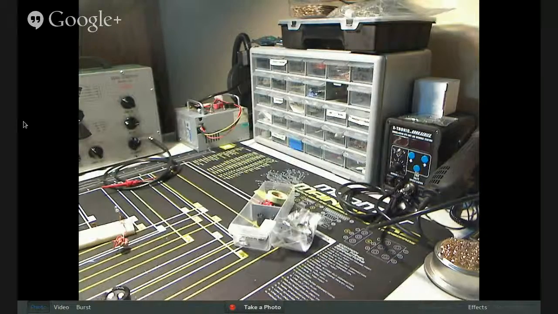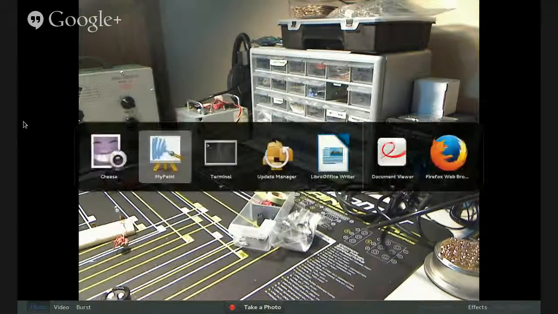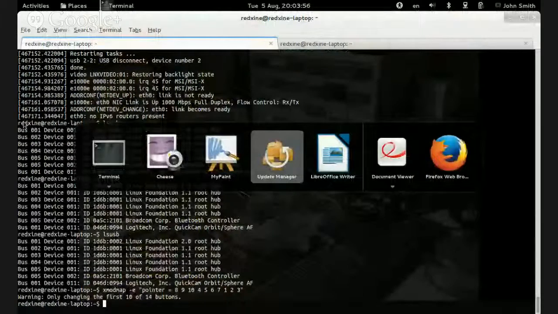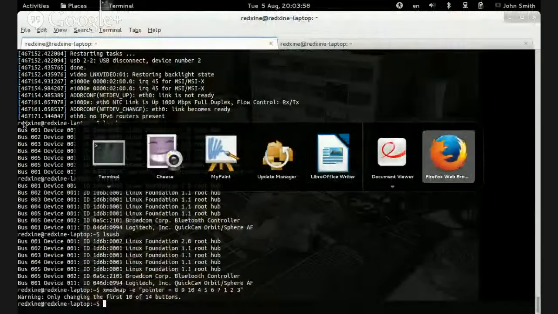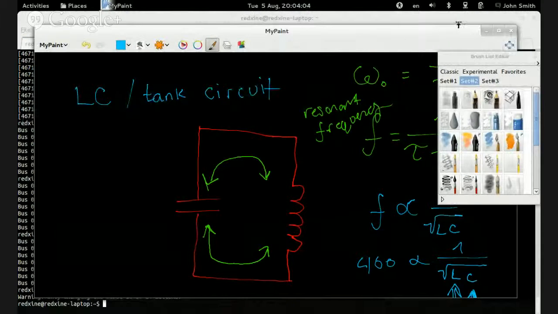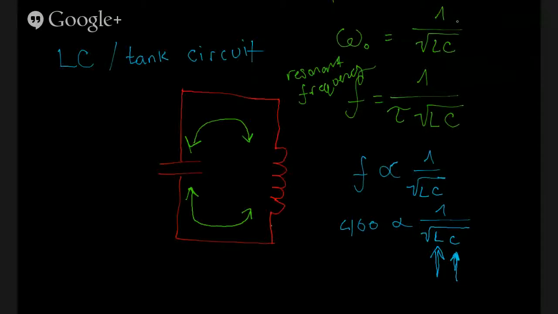Now, what we can do for analog audio synthesizers is something similar. Instead of an LC circuit, we deal with RC circuits.